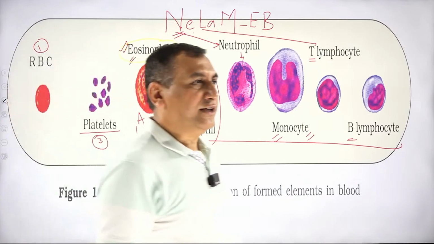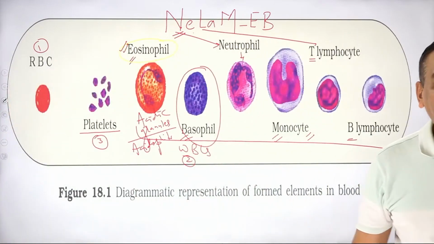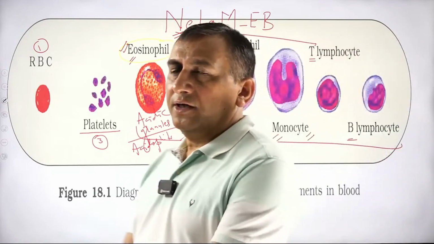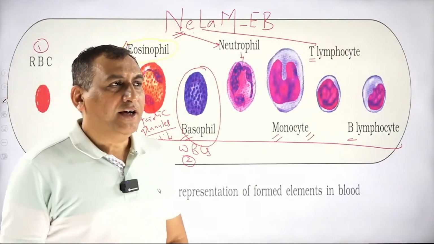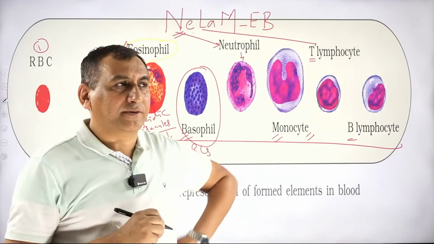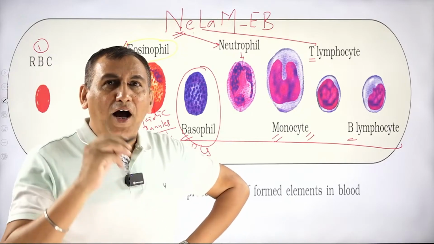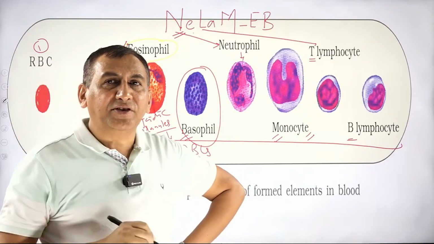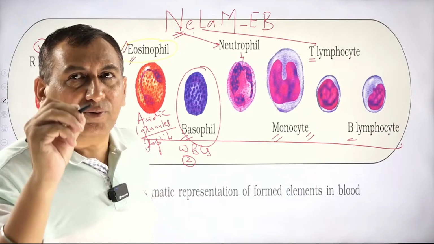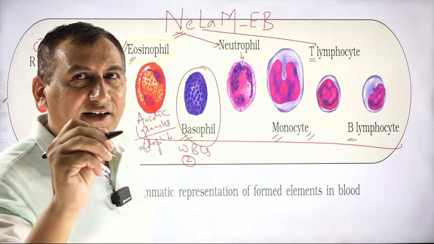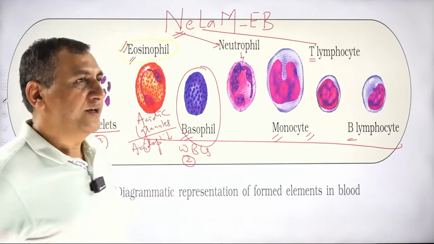Very important question, I think known by each and everyone. So be ready with your writing pad. Okay. Listen to the question carefully. Out of these 5 WBCs, which is the most important WBC related with the immunity?